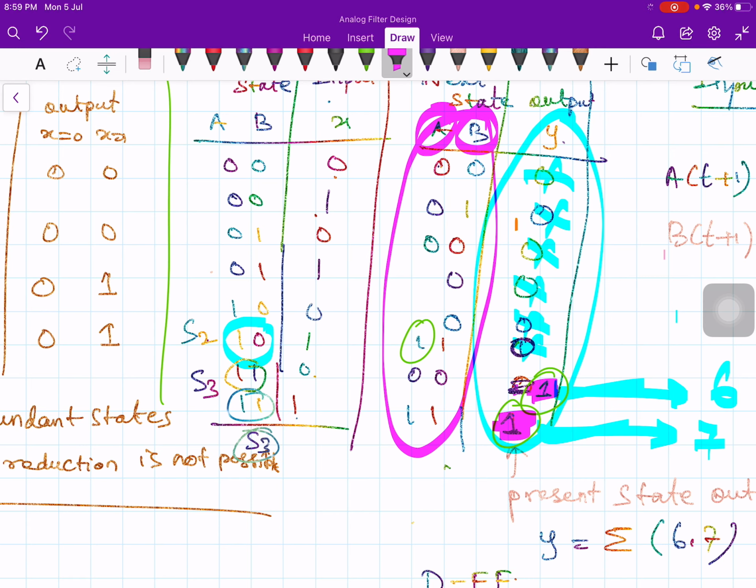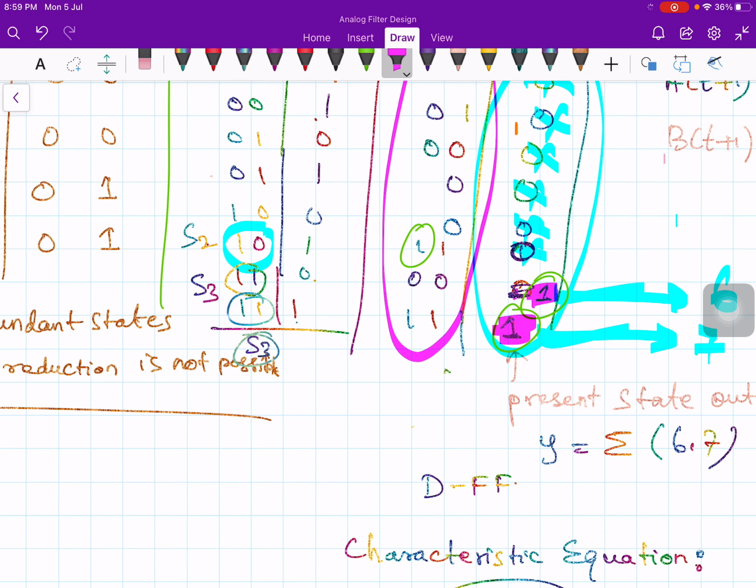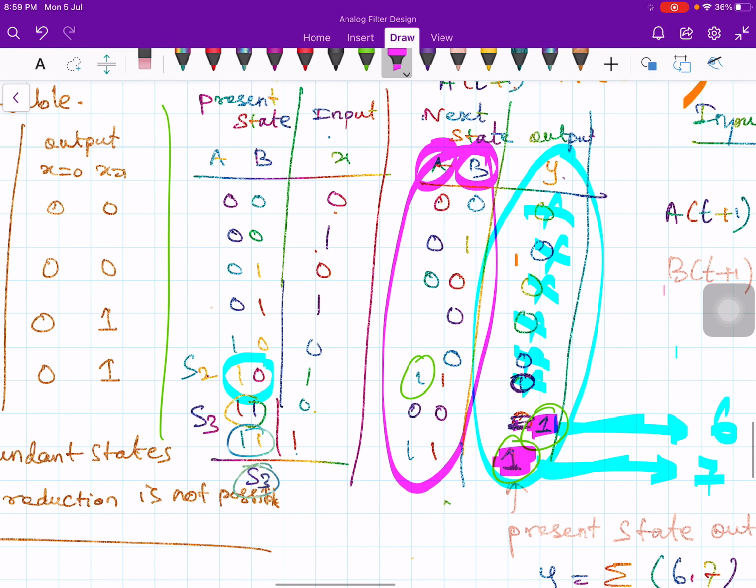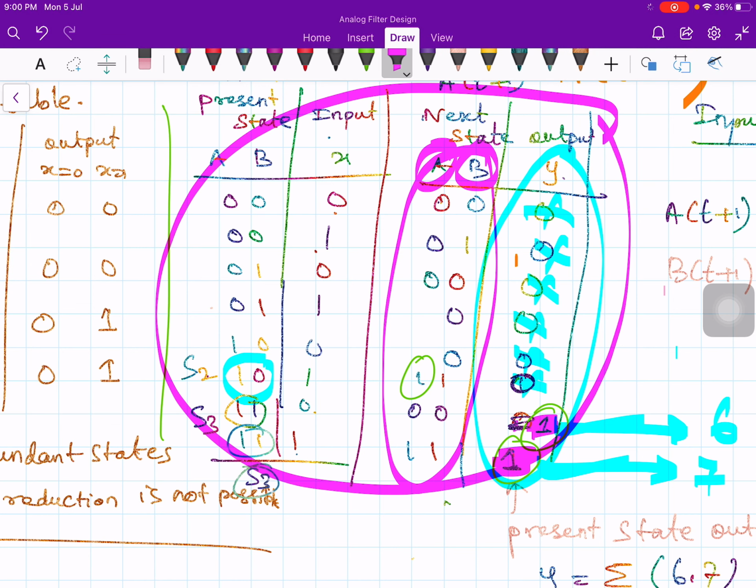In order to determine the input equations for the JK flip-flop and T flip-flop, it is necessary to derive the functional relationship between the state table and the input equations. Now if you look at this state table, it provides the value of the next state for the given present state and input. The present state and the input are known, and directly you can get the next state.